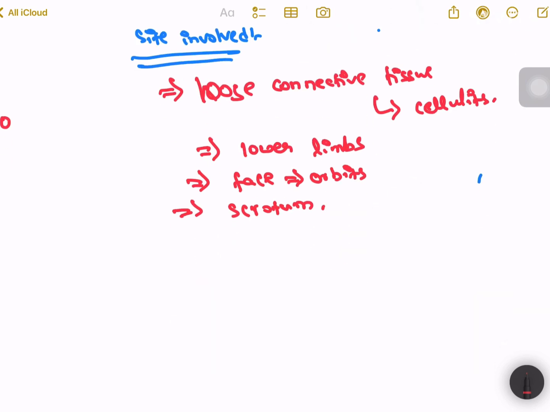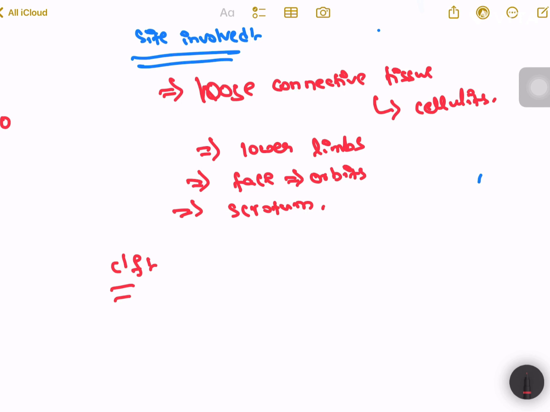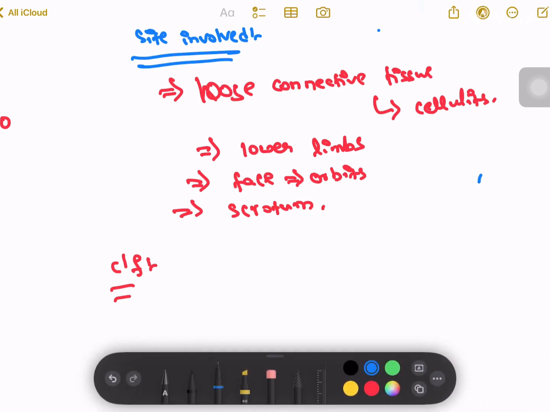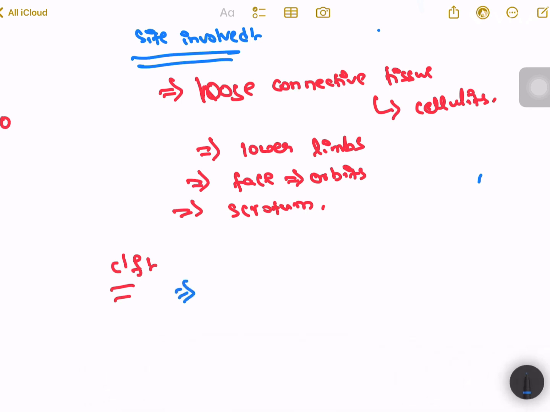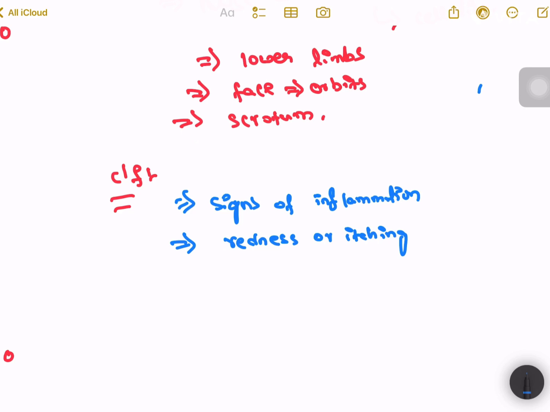So, next coming to the clinical features. What are the clinical features of cellulitis? It is an inflammation, common sense. So there will be signs of inflammation. We will see redness and itching of that layer, and there will be a swelling.